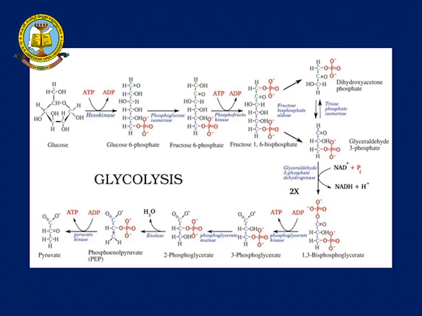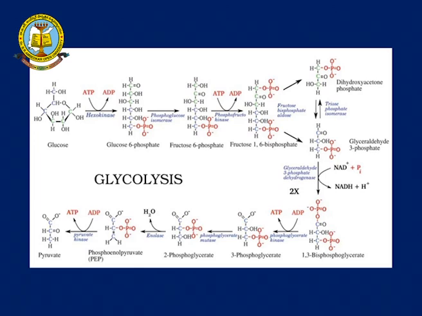One phosphate group is removed and attached to the ADP molecule. That ADP molecule is converted to the ATP molecule, the energy source. Then, in the presence of phosphoglycerate kinase enzyme, it is converted to the 3 phosphoglycerate molecule. Now it is a 3 carbon molecule, called 3 phosphoglycerate.